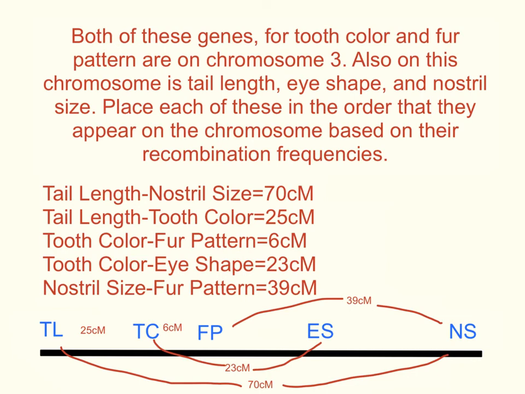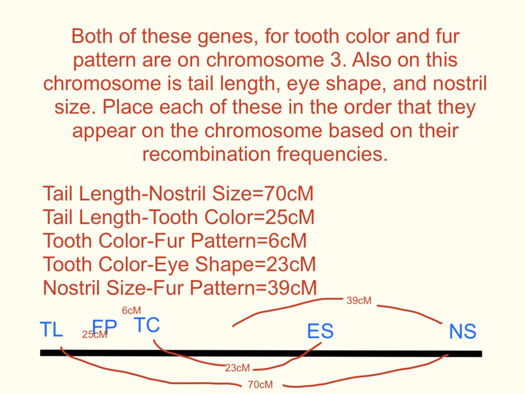So one common mistake that all of us make is, getting back to adding fur pattern, we know that it's 6 centimorgans away from the tooth color. And so, why didn't we add it on this side? Some of you may have done that originally. I know it's a little bit messy now that we have all these numbers up, but why wasn't fur pattern between tooth color and tail length? You might have put it there originally and said, well, these are 6 centimorgans apart, it still looks good.